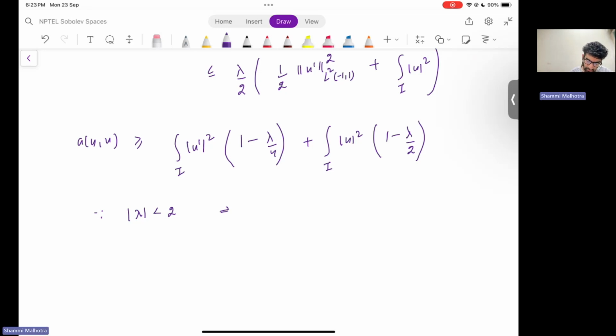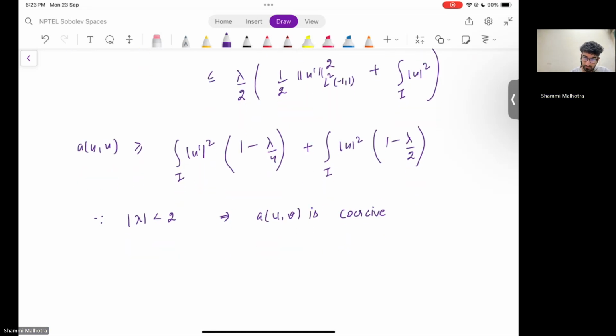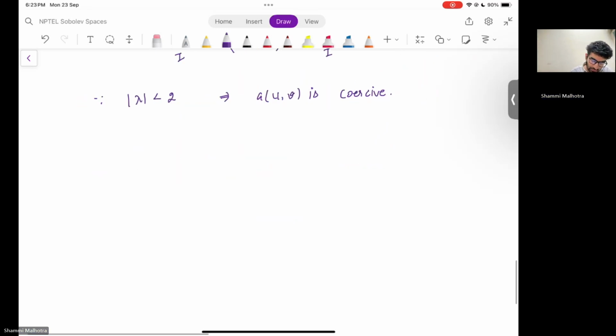So this will give directly that a(u,v) is coercive.